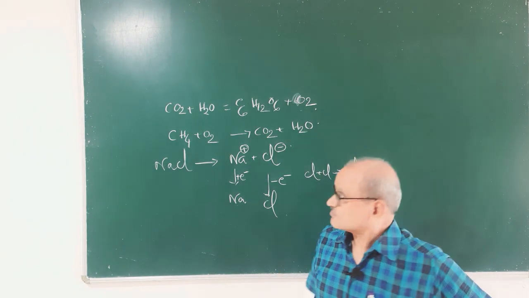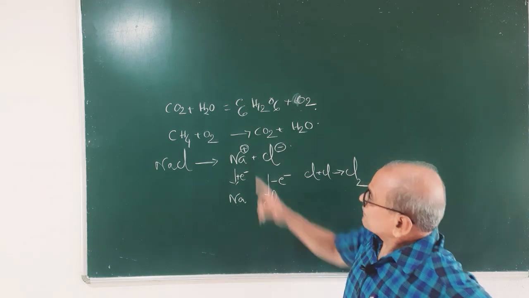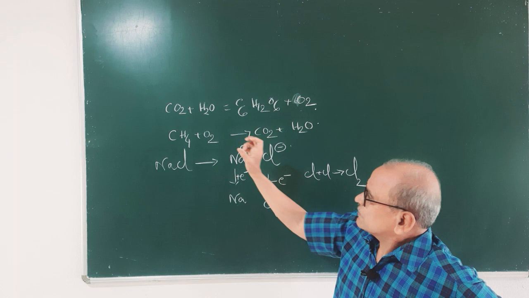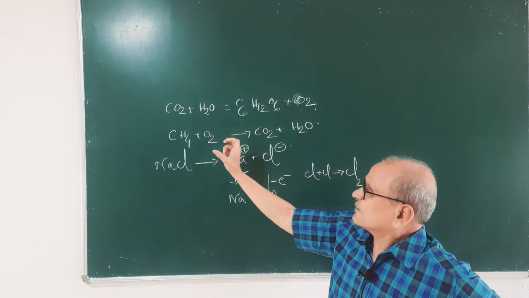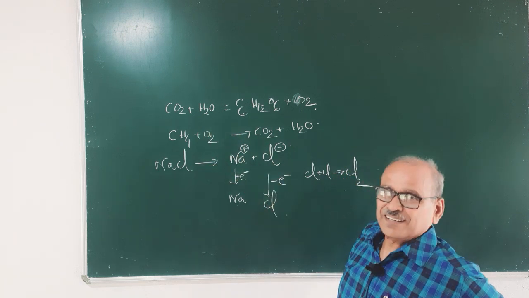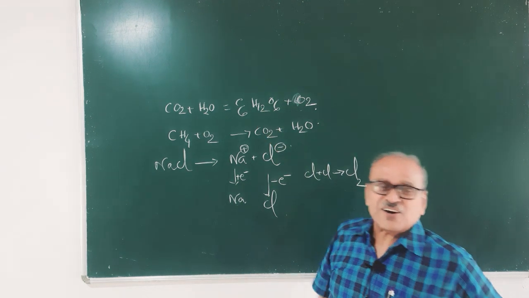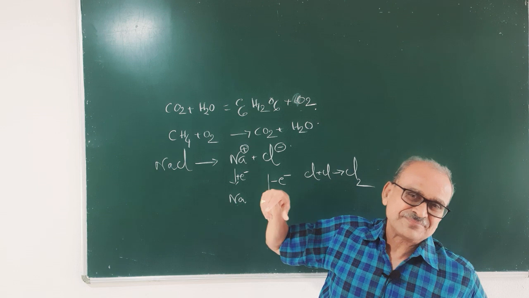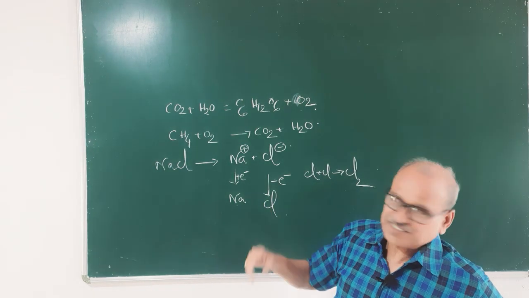Now, in the first equation, I have put 2 substances on the left hand side and 2 substances on the right hand side. I call them LHS and RHS.